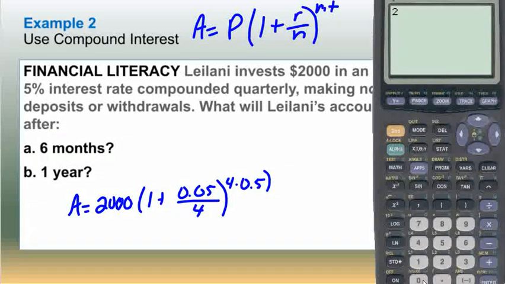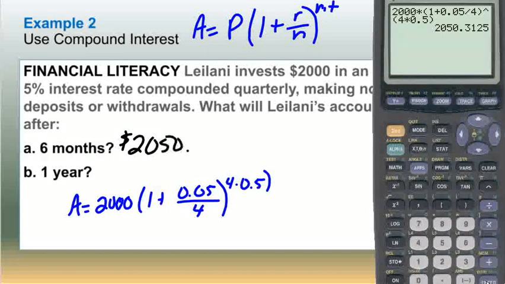I'll type 2,000 times parentheses 1 plus 0.05 divided by 4, and parentheses raised to the parentheses 4 times 0.5, and we get $2,050.31.